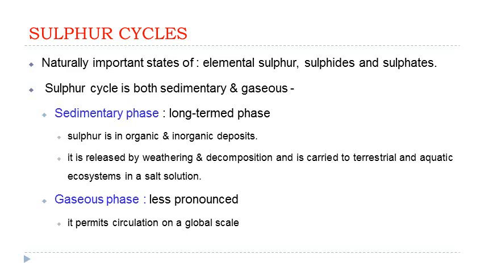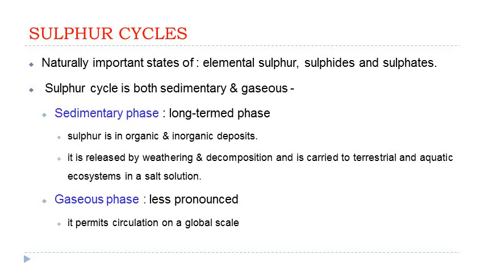Now, the sulfur cycle possesses both a sedimentary and a gaseous phase. The sedimentary phase is one where the sulfur exists in sediments, in rocks or soil, right? While the gaseous phase is where the sulfur exists in gaseous form in the atmosphere.